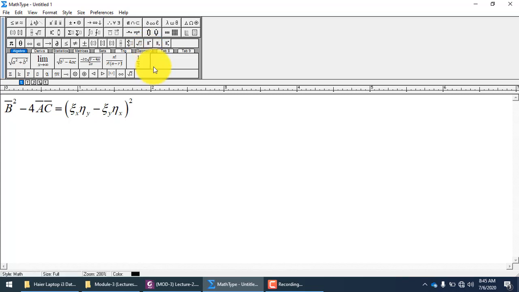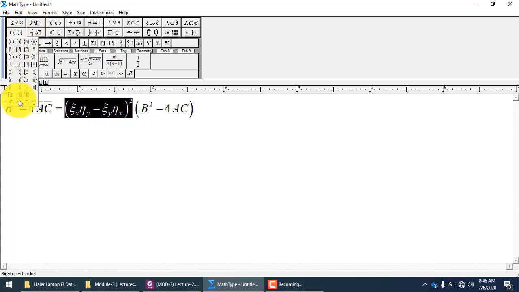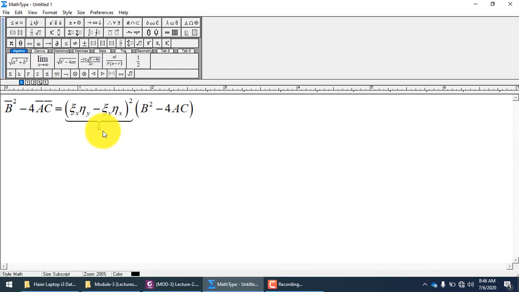This was done in the last lecture, and we also have as the coefficient b square minus 4ac as well. If you remember, I had told you in the previous video that this quantity is named as discriminant square, the Jacobian square of the transformation.